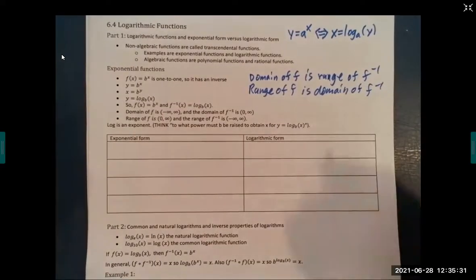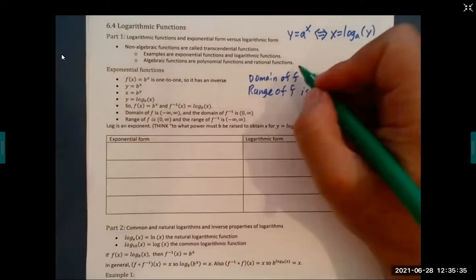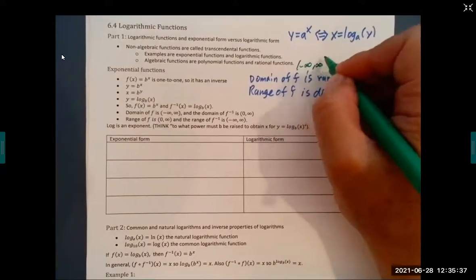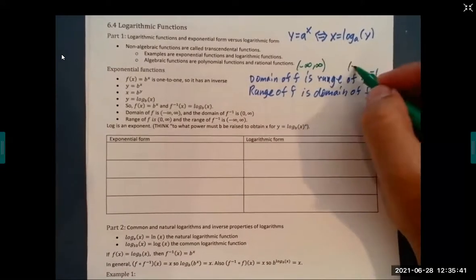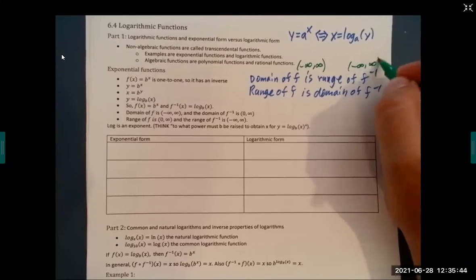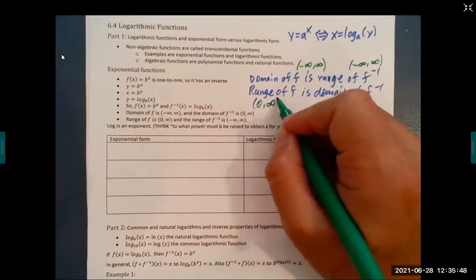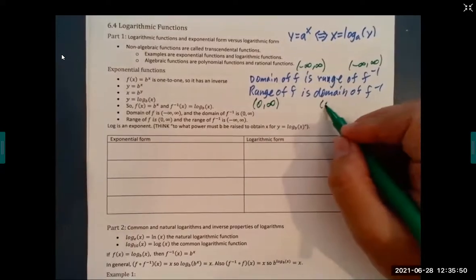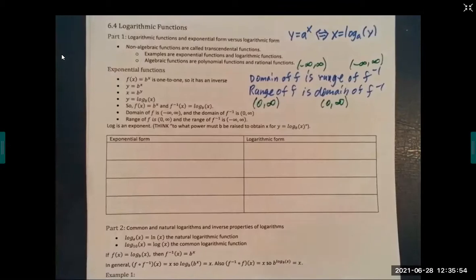So the domain of f, which is -infinity to infinity, is the same as the range of f inverse. So this is also -infinity to infinity. The range of f is 0 to infinity. So the domain of f inverse is also 0 to infinity. And we'll see what that reflects like when we get to the graphs.